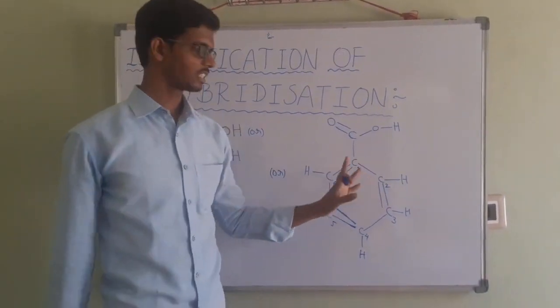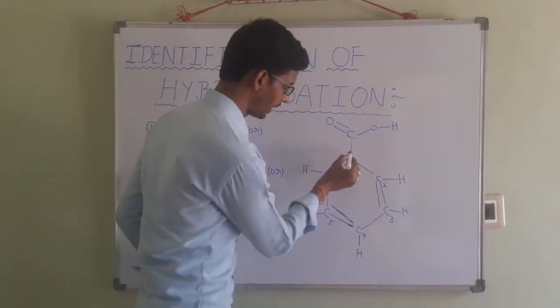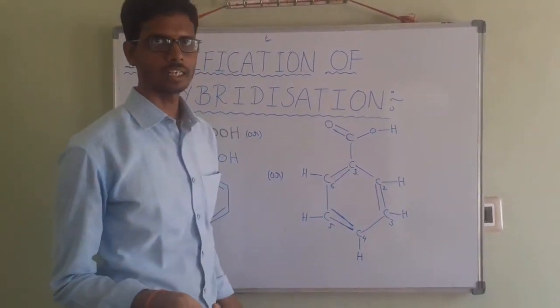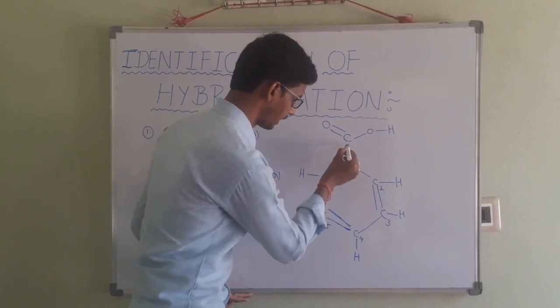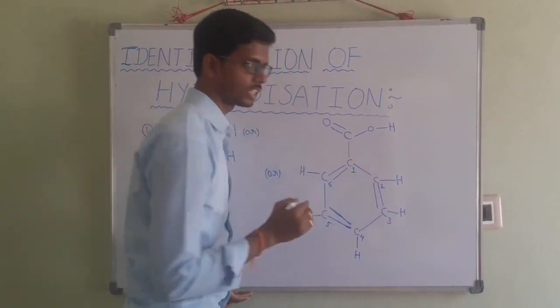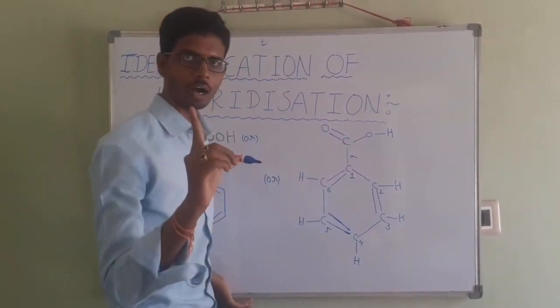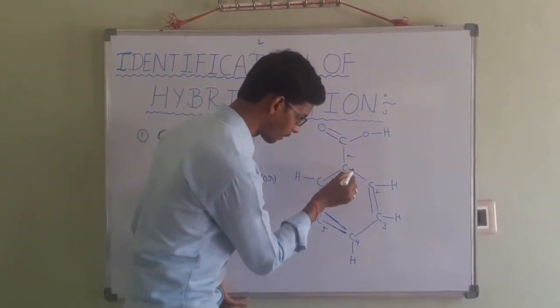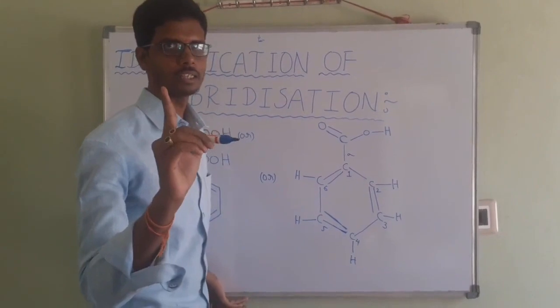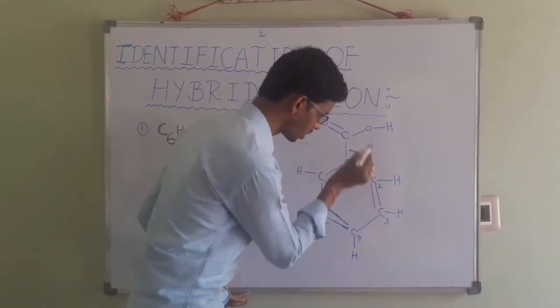Here, how many sigma bonds and pi bonds are present? Let us count them. In this carbon, one single bond is present, which must be sigma. Here is also one single bond, so this is also sigma.